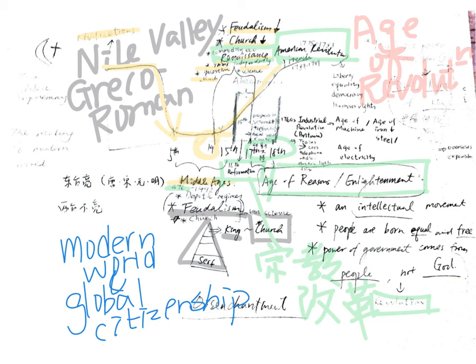And as I mentioned, the success of the American Revolution also contributed to the outbreak of the French Revolution, 法國大革命, which took place during 1789 to 1799. Okay, so the French Revolution was another very important revolution in the world.